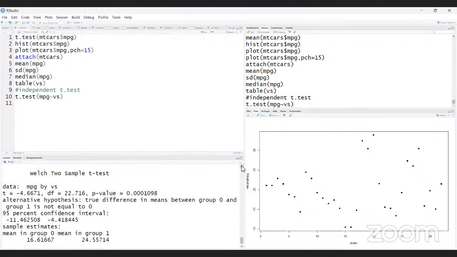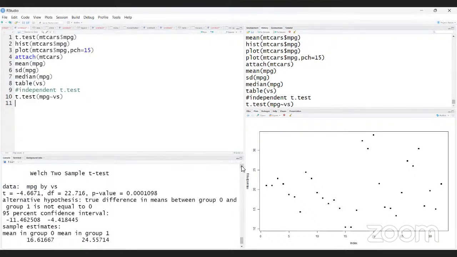Okay. Welch two-sample t-test. Why do we use the Welch two-sample t-test instead of the classical t-test? Because it can check the outlier. Okay.